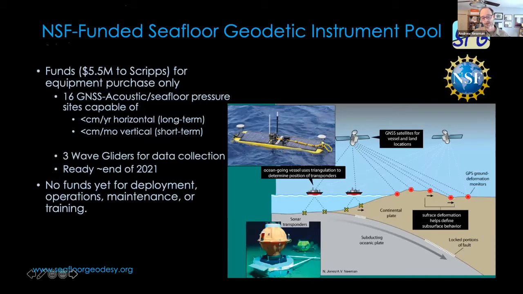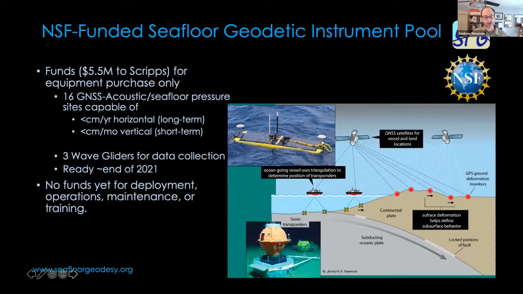With these sites, we should have the capability of making sub-centimeter horizontal measurements for long-term deformation associated with things like tectonic deformation, and shorter-term vertical deformation on sort of the same scale using the pressure sensors. That would be useful for short-lived volcanic events, things like rapidly moving submarine landslides, as well as volcanic deformation.